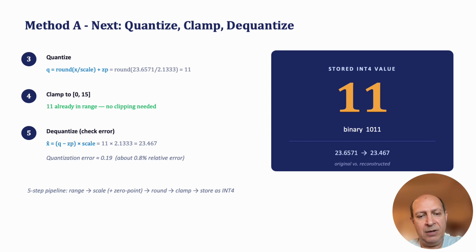Now I want you to compare these two numbers. x hat, which is the dequantized value, is equal to 23.467, while the number that we were trying to quantize is 23.6571. The difference between them is the error. We call this the quantization error, and it is equal to 0.19, or about 0.8% relative error.